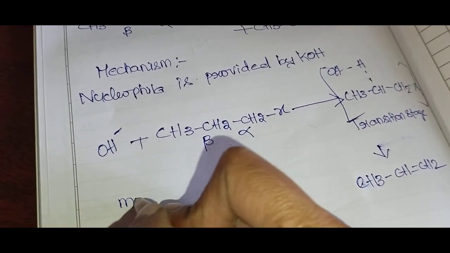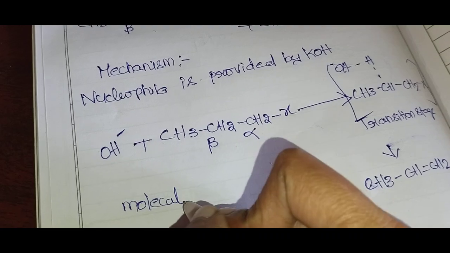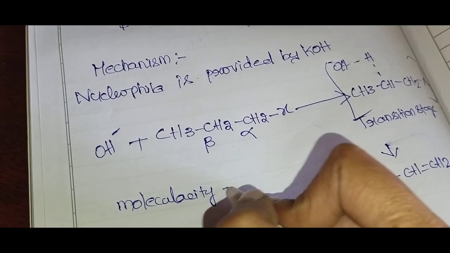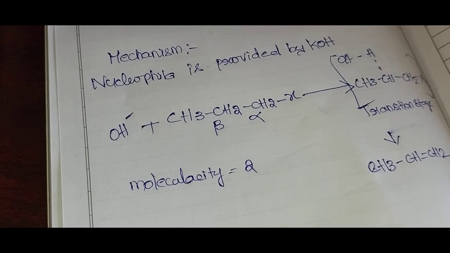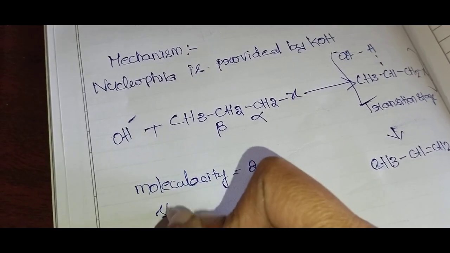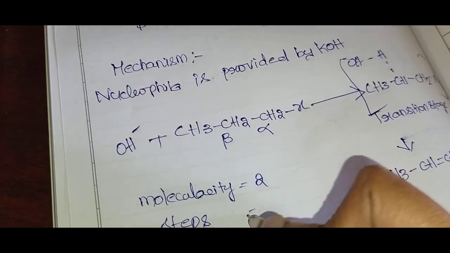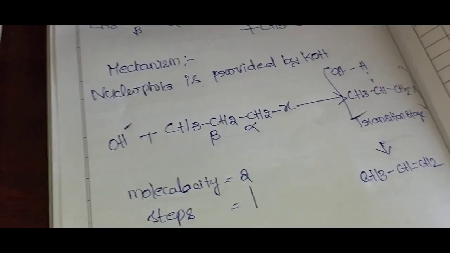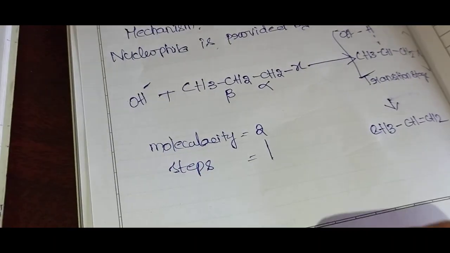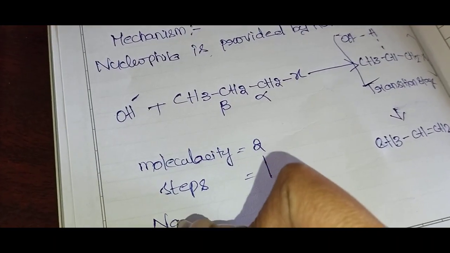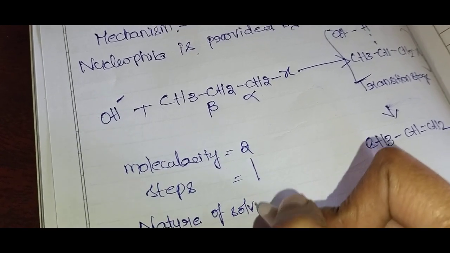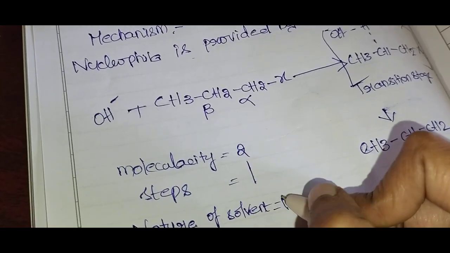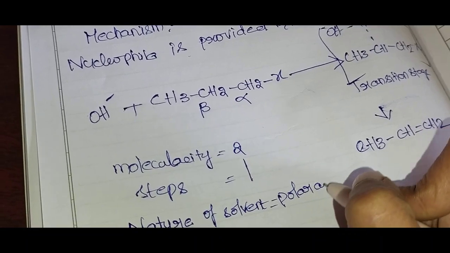And what is its molecularity? The molecularity of E2 reactions is 2, and the molecularity of E1 reactions, as I told you, is 1. How many steps take place in this reaction? Only 1. In E1 reactions 2 steps are going on. As for the solvent, the reaction takes place easily in polar aprotic solvents.